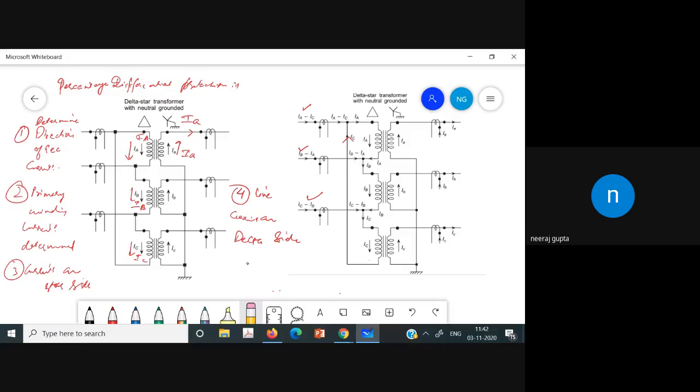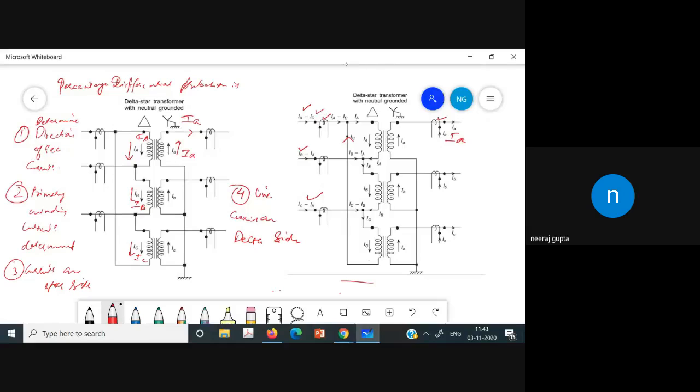In this case, phase current is equal to line current, and in this case, whatever the CT is getting is IA minus IC, and here the CT is getting IA. So if we connect the secondary windings of the CTs on both the sides of star and delta, then the currents would not match up.